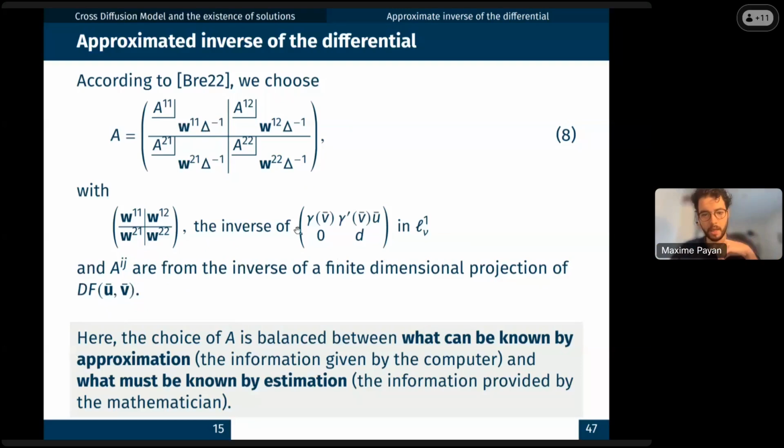And by hand in this problem, it can be written as a vector weight w, that is the inverse of this matrix in the sequence in the Banach space.